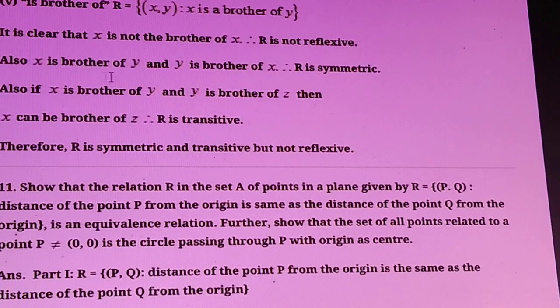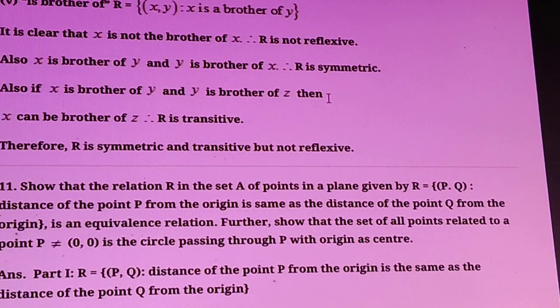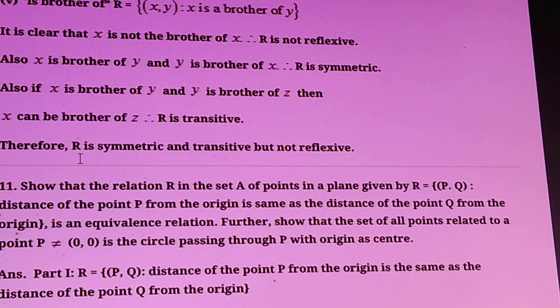Also, if x is a brother of y, then y is a brother of x. Therefore, R is symmetric. Also, if x is a brother of y and y is a brother of z, then x can be a brother of z. So, R is transitive. Therefore, R is symmetric and transitive but not reflexive.